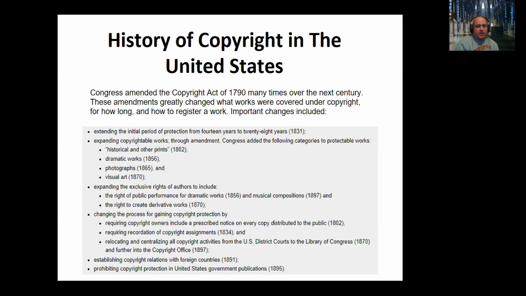Then in 1895, we see government publications considered no longer able to be copyrighted. So anything written, published, or created by a government entity is now open for all citizens to use with no worries about copyright.